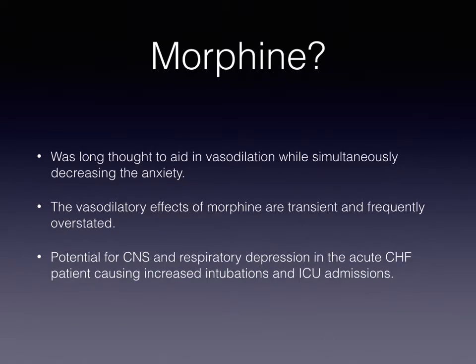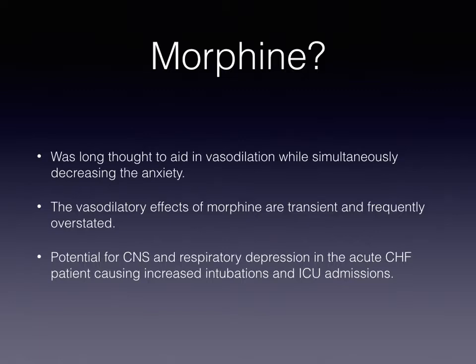Now, what about morphine? We used to give a lot of morphine to these folks. This was long thought to aid in vasodilation while simultaneously decreasing their anxiety. But what we found is that basically the vasodilatory effects of morphine are transient and they're frequently overstated. The other problem you have is if we give these folks some respiratory depression or CNS depression, and they're on CPAP, that can cause their ventilatory drive to kind of peter out, and that results in increased intubations and lengthy ICU admissions.